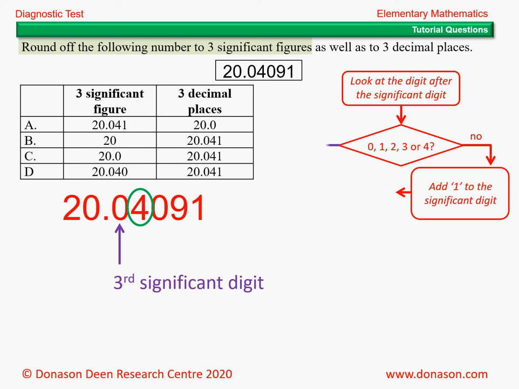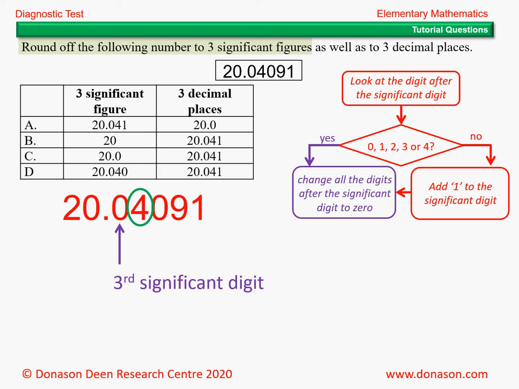It's a 4, so you follow the yes path. If it is a yes, then you change all the digits after the significant digit to 0. That means after the third significant digit, we change the rest of the numbers all into zeros.